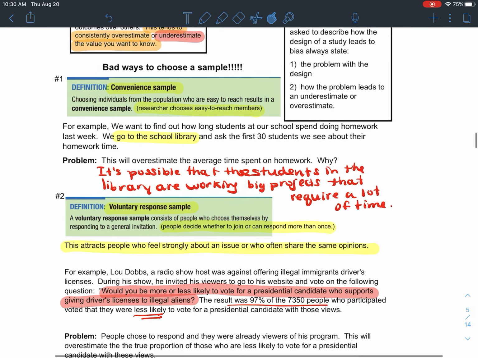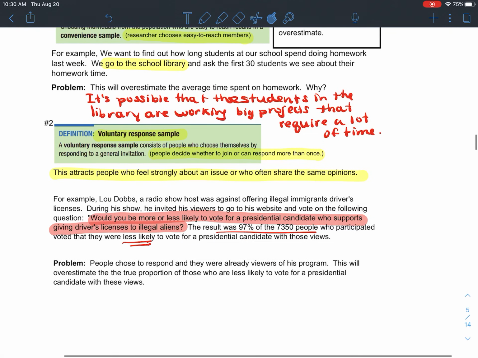Okay, now here's the problem with this essentially voluntary response sample. People chose to respond, and they were already viewers of his program. So they were already a subset of, say, the population of the United States, because they were already watching or listening to the Lou Dobbs show. So if they're listening to him, it's very likely that they have similar views as he does.